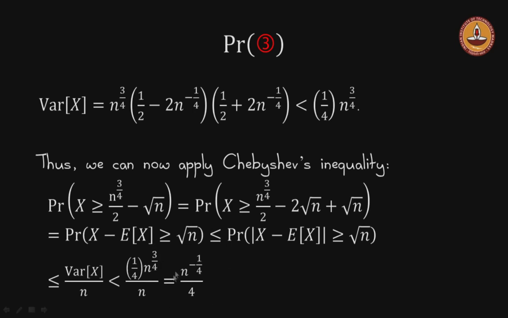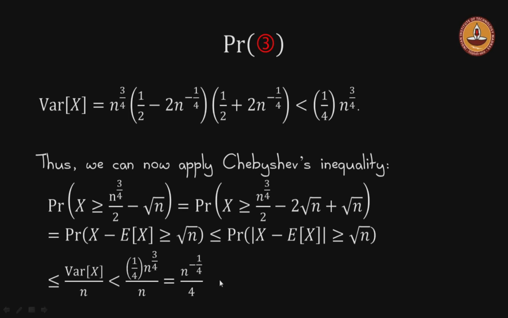All of the bad events had the same type of probability. The first bad event had the same probability, the second bad event by symmetry had the same probability, upper bounds on the probabilities rather. The third bad event was broken into two pieces, and one of them has this probability n^(-1/4) divided by 4, which means that the other mirror image will also have the same upper bound.